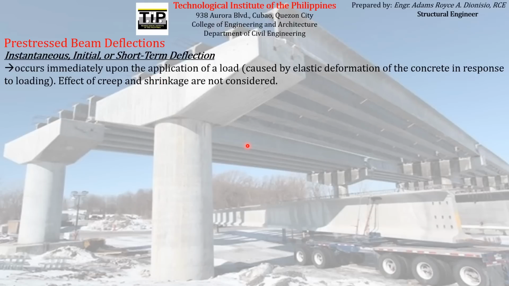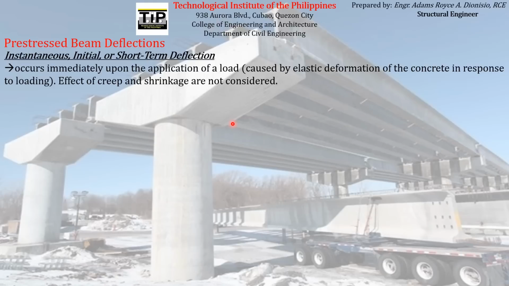The first short-term deflection that we will study in this discussion is the total camber that is being experienced by the prestressed concrete element that we are designing. The total camber is due to the effect of the prestressing force and the weight of the concrete element itself.